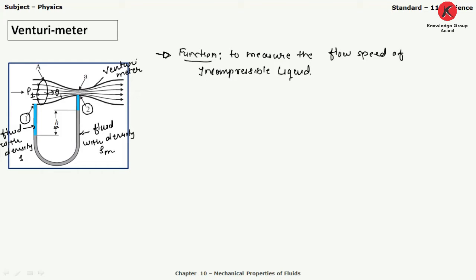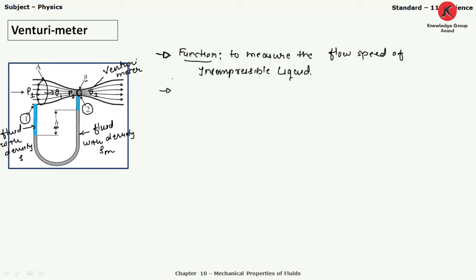And here this small area, small a, is also considered over here, having the pressure P2 and velocity V2 as shown in figure.